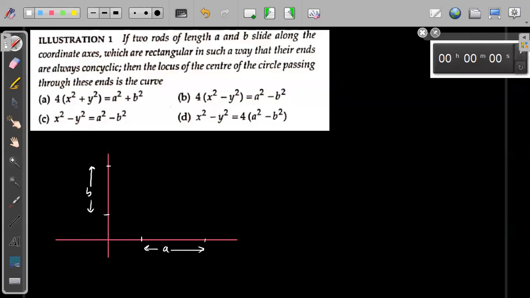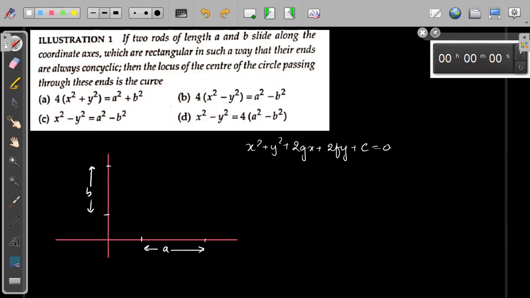Now we already know what this equals to. If we have a general equation, x square plus y square plus 2gx plus 2fy plus c is equal to 0, right? What will be the value of A in terms of f, g and c?